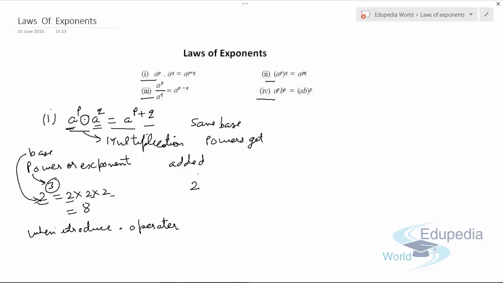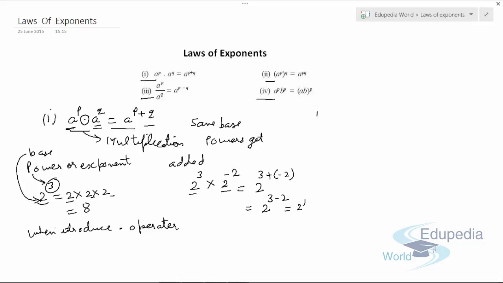Suppose we are given 2 raised to power 3 into 2 raised to power minus 2. This means the base in this question is same. So what we can do is we can add the powers. So it will become 2 raised to power 3 plus of minus 2. So it will give 2 raised to power 3 minus 2, which is 2 raised to power 1. So this is the first law.